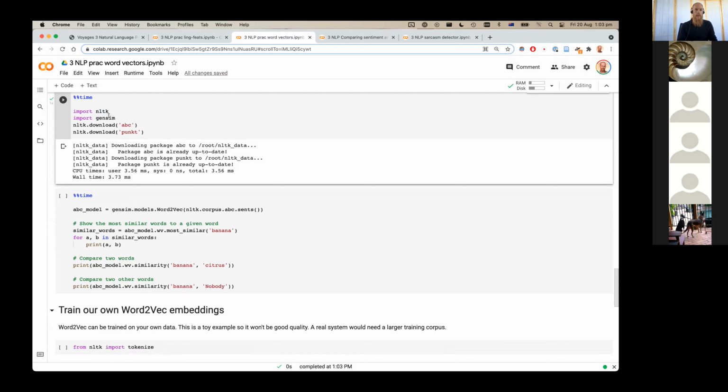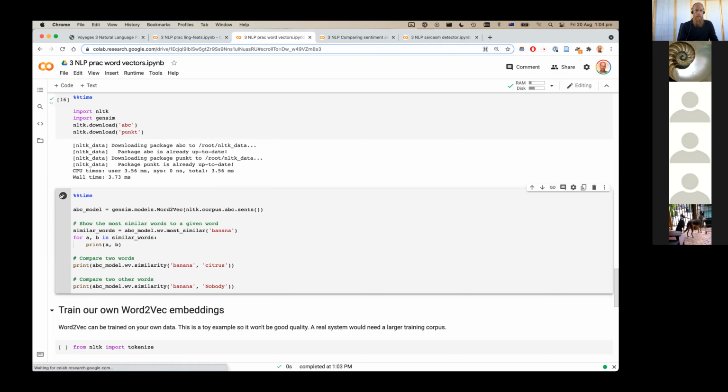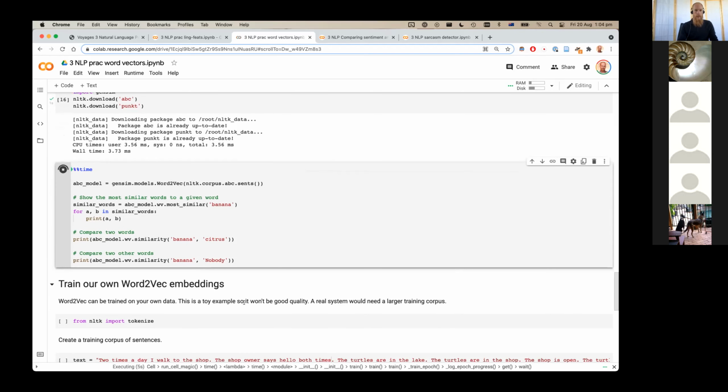Importing NLTK, importing Gensim, download the ABC dataset, and download the punctuation dataset. So the punctuation dataset is used to tokenize. And we're using the magic keyword time to see how long it took. So that was only a few milliseconds. Felt like an eternity when the internet was unstable.